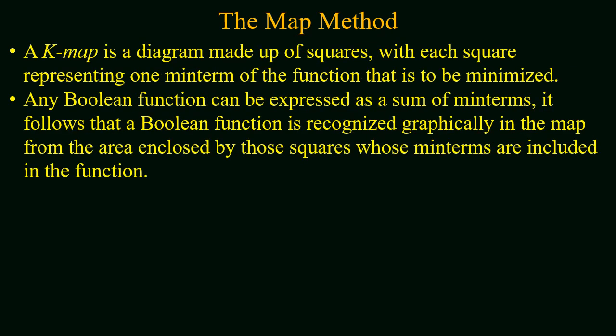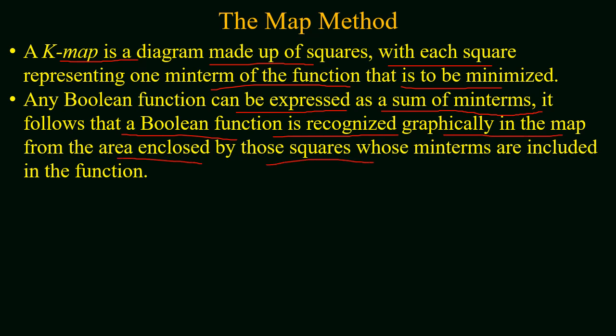The K-map is made up of squares with each square representing one minterm of the function which has to be minimized. Now we know that any Boolean function can be expressed as the sum of minterms. So the given Boolean function is recognized graphically in the map from the area covered by those squares whose minterms are included in the function.